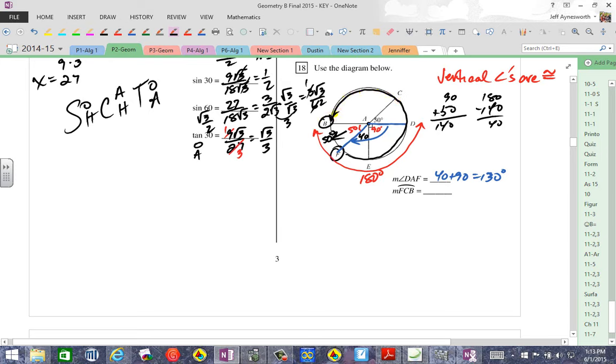That's a big arc, right? Well, it's 360 minus the 50, so it's 310. So this is 310 degrees. The arc starts at F, goes through C, and ends at B. That's almost all the way around, but not quite. It's 50 degrees short, so you just subtract it from 360.